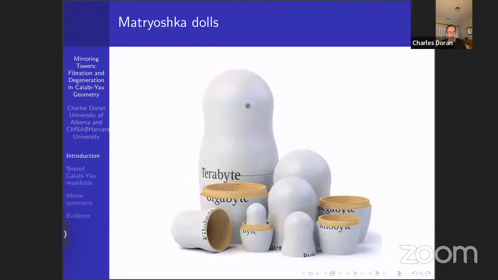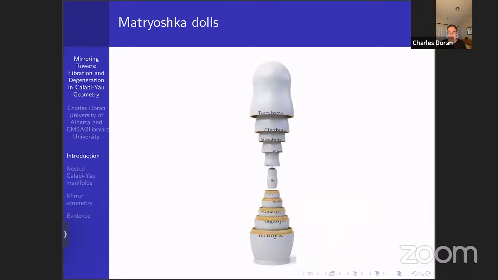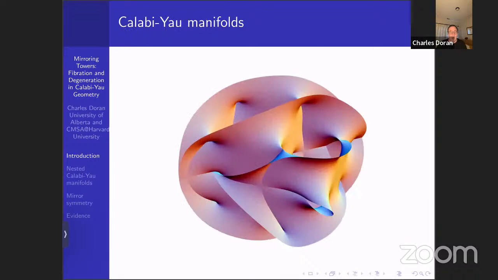So it's a paradigm. It's been used for many things. If you happen to be an IT person, you can buy a set like this, and it reminds you of the tower of different orders of magnitude of data that you have to deal with in the IT world. But we're going to apply this paradigm to Calabi-Yau manifolds.